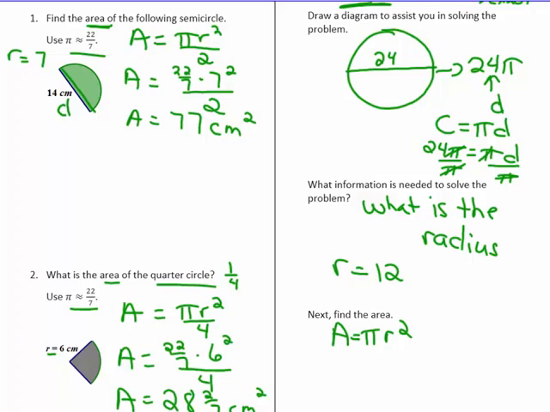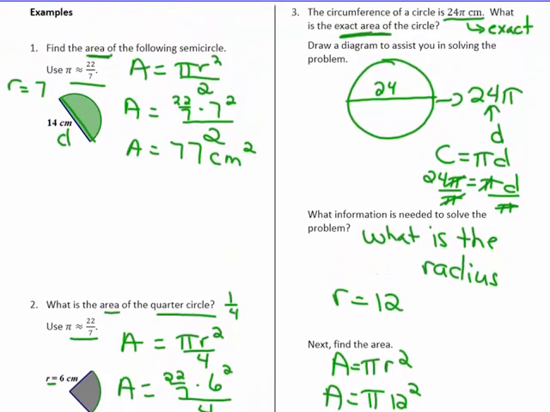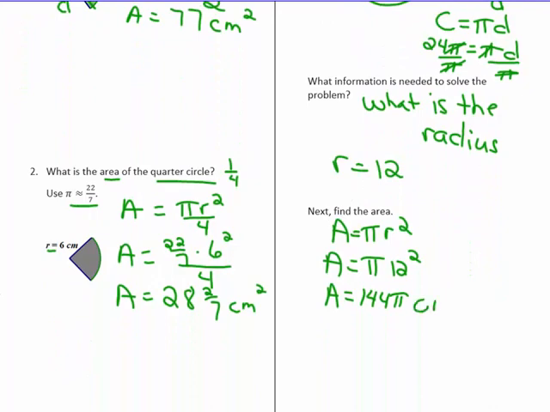Since it's the exact area, we're going to keep pi, and I'm going to have 12 squared, which is 144, and I'm going to write that in front of pi. If you write it in back of pi, it doesn't matter, but usually the number goes up front. And that was centimeters, so it's centimeters squared.